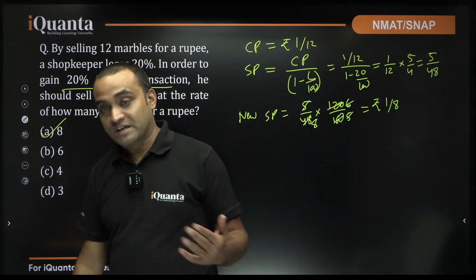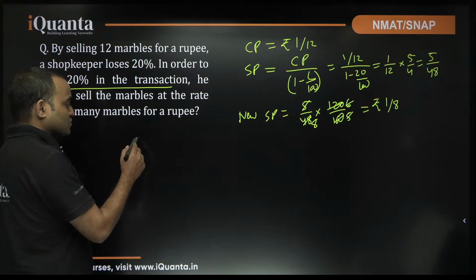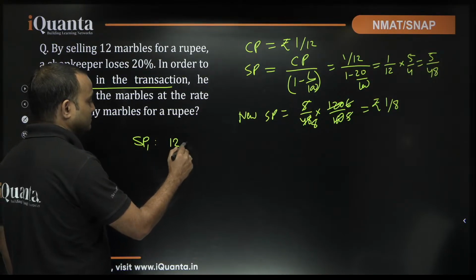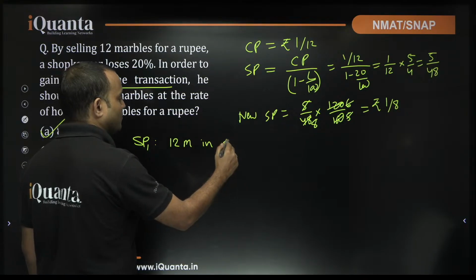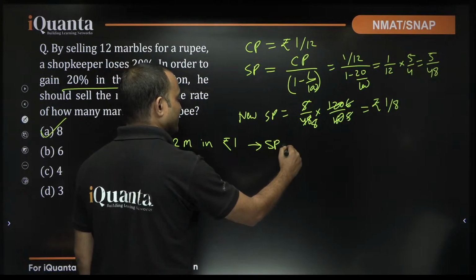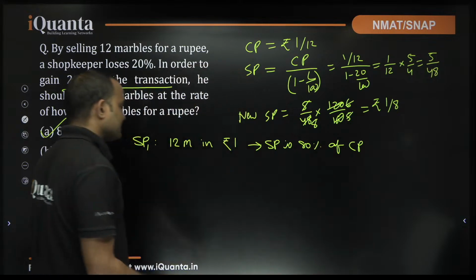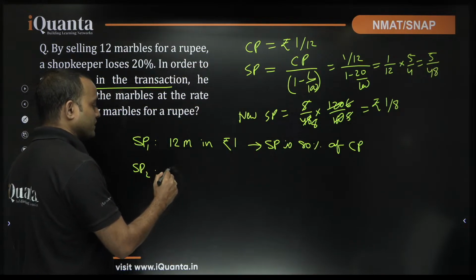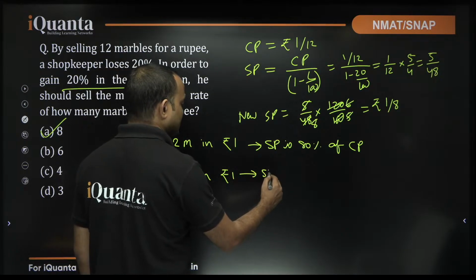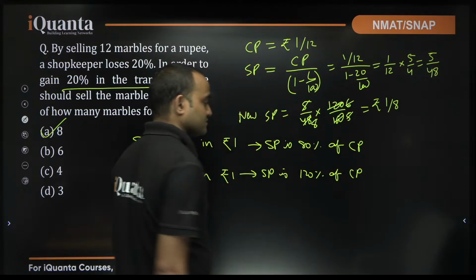But this can be solved very easily if you understand the selling price and cost price in terms of percentages. Selling price 1 is 12 marbles in 1 rupee, right? In this case, we can say that selling price is 80% of cost price. And then SP2 will be X marbles in 1 rupee, and in that case selling price is 120% of cost price, right?